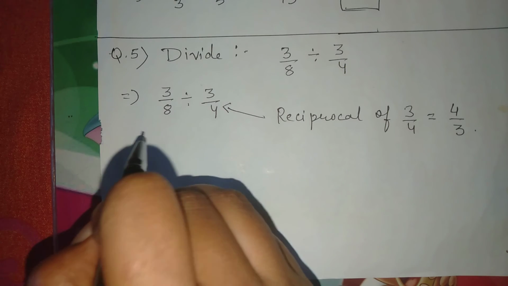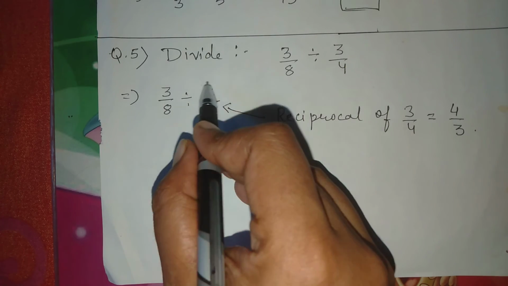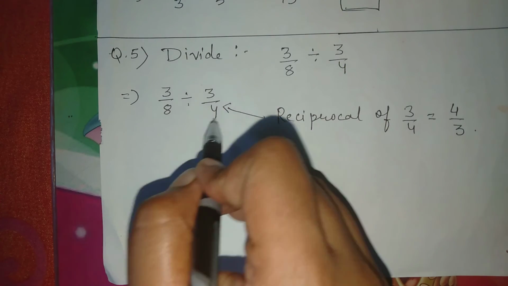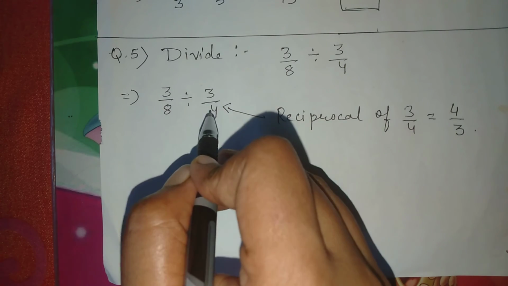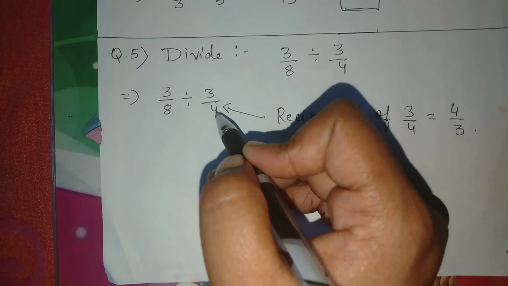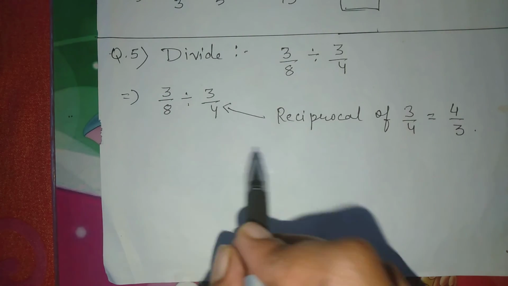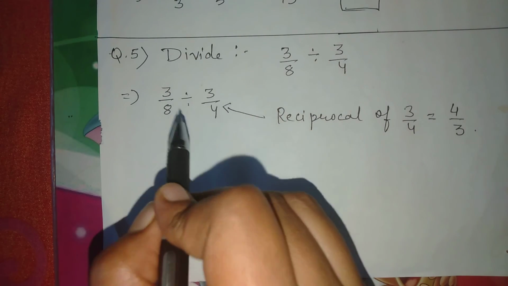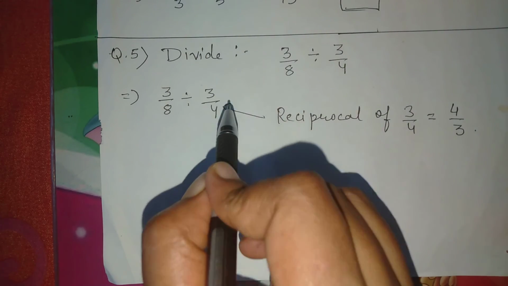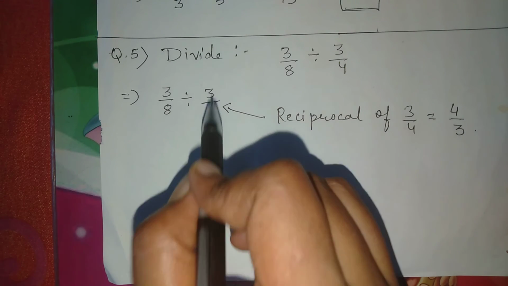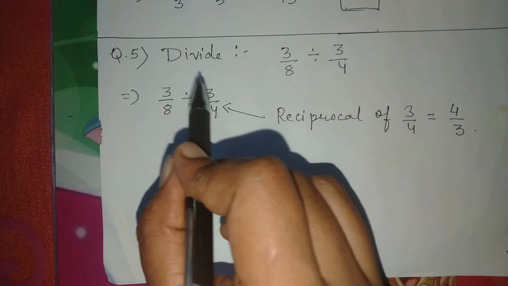So for that what we will do, we will take the reciprocal of the second number, this one. What is the meaning of reciprocal? Ulta we will do. If it is 3 by 4, we will do 4 by 3. Okay. So before multiplication we have to convert this number. We will take the reciprocal of this 3 by 4 and it will be 4 by 3.